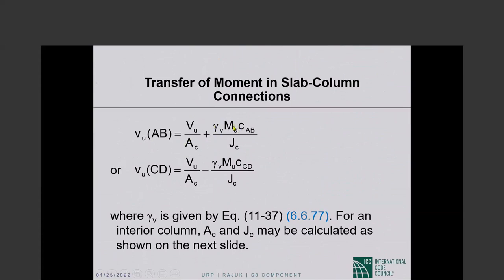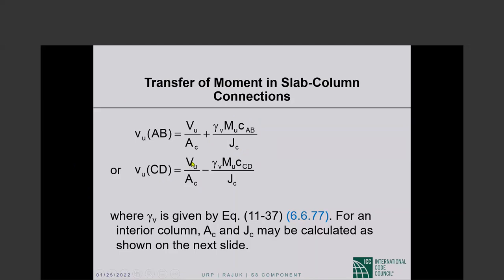The moment transfer by shear, that's gamma sub V times M sub U divided by the polar moment of inertia. We are calling it J sub C about the centroidal axis, and the distance from the centroidal axis to the face AB. Okay, here it is positive. On the right face, the moment transfer shear is additive to the direct shear.